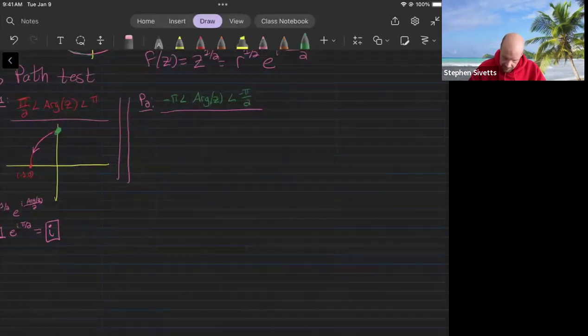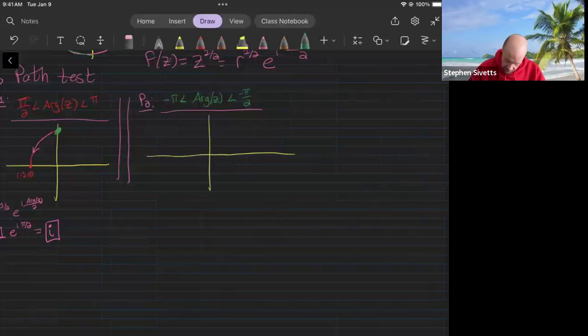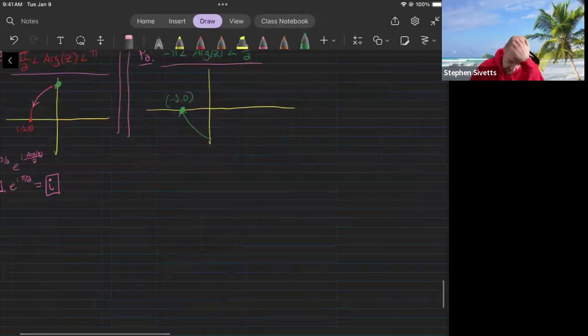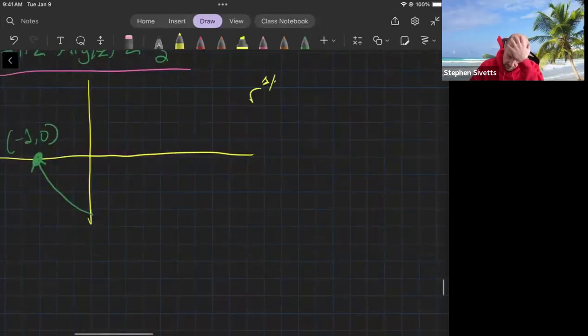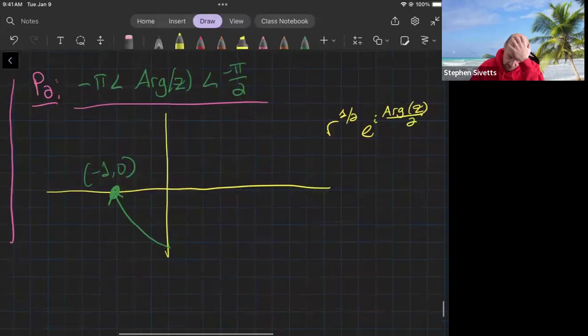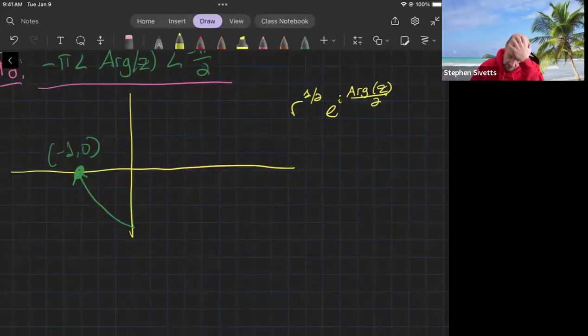However, if we look at the second path, which would be this section of the unit circle, right? Okay, so if we approach it along that path, and just reminding ourselves that this is the square root function of z over 2, right? So what that would mean is that, so this is the other angle.